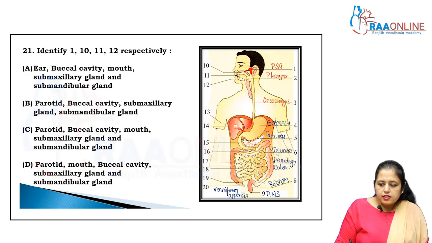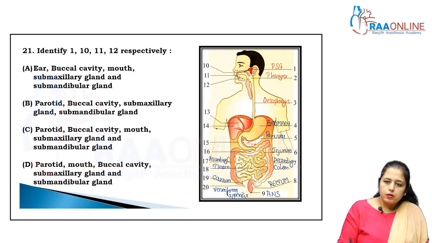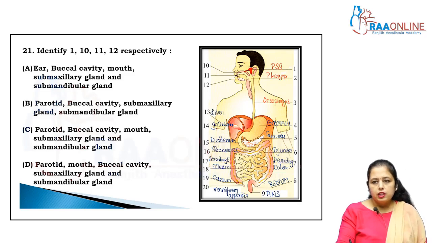That is the cecum, ileum, ascending colon, transverse colon, duodenum, 14th is the gallbladder, 13th is the liver. This is the submaxillary and sublingual salivary gland.